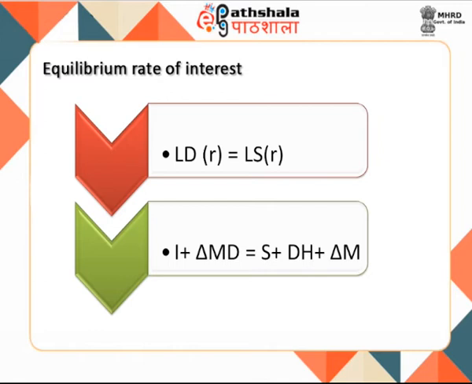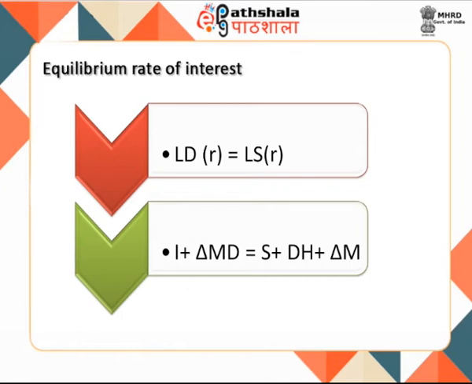Equilibrium rate of interest is determined at a level where LD, the demand for loanable funds, is equal to the supply of loanable funds, or where we have equilibrium at I plus delta MD equals S plus DH plus delta M.